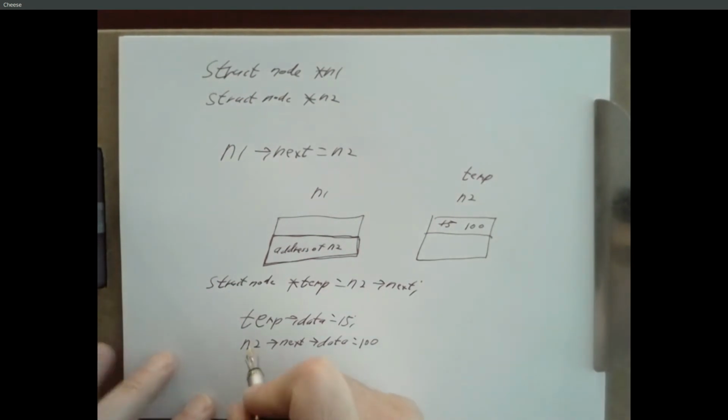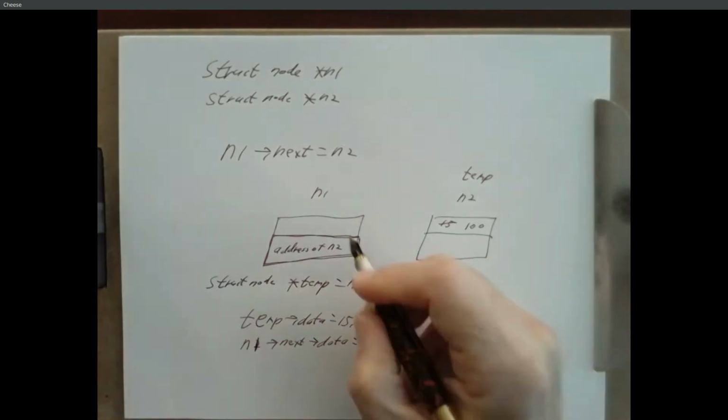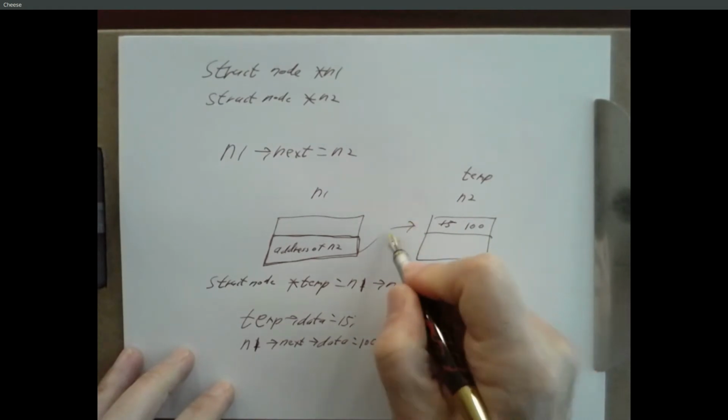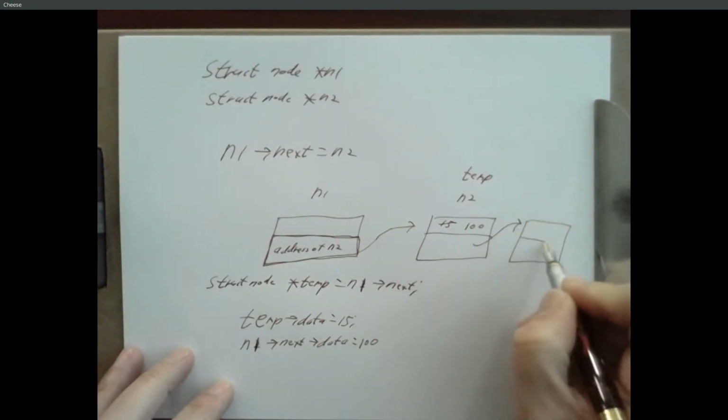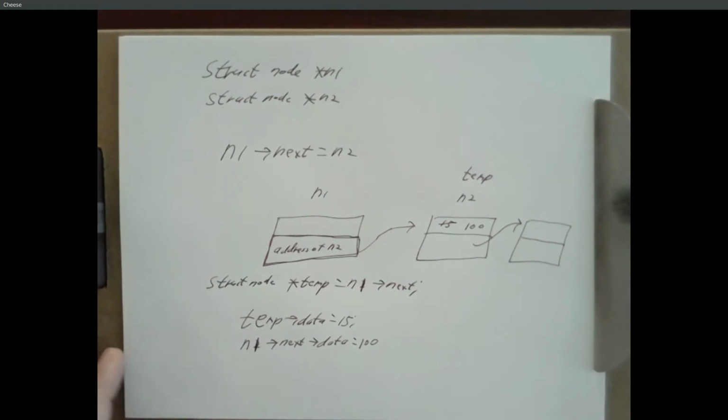This is all n1. And if this next field is pointing to some other node, we could say the following: n1 arrow next.